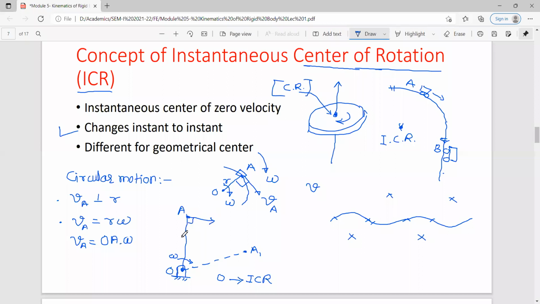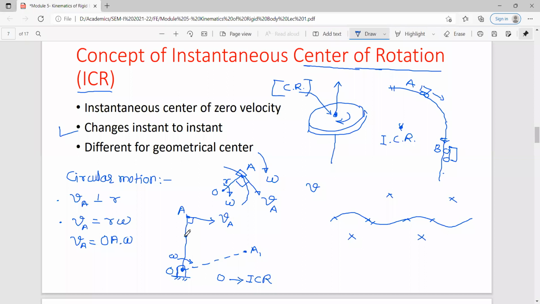This is perpendicular to radius, and I will show that point A is moving in this direction. It is the direction of moving of point A at this particular instant. Understood? Yes or no? Yes, sir.